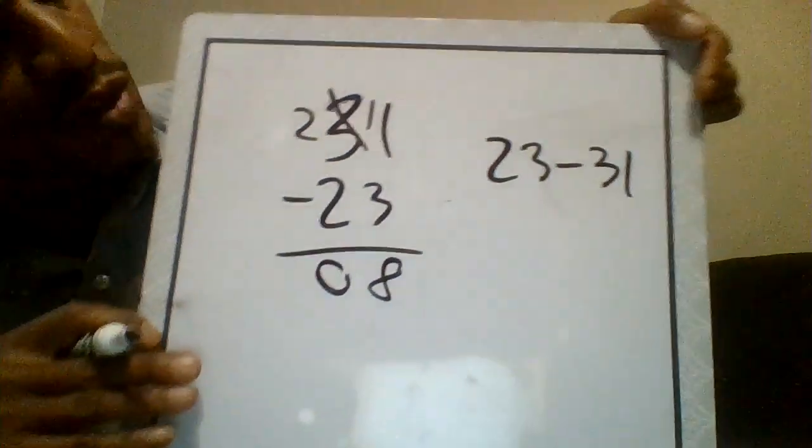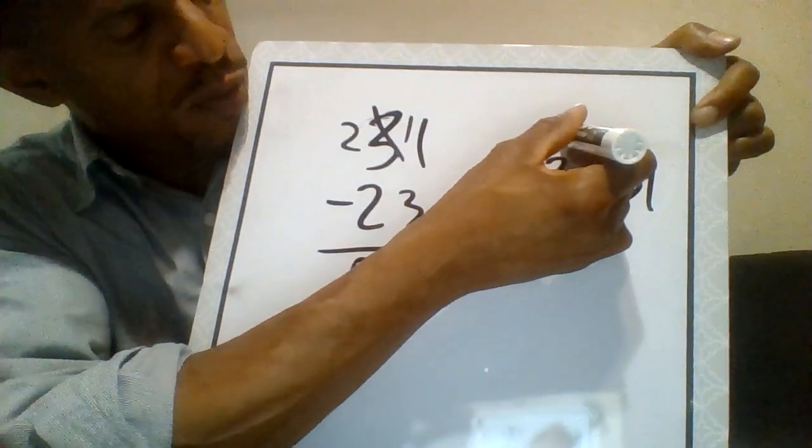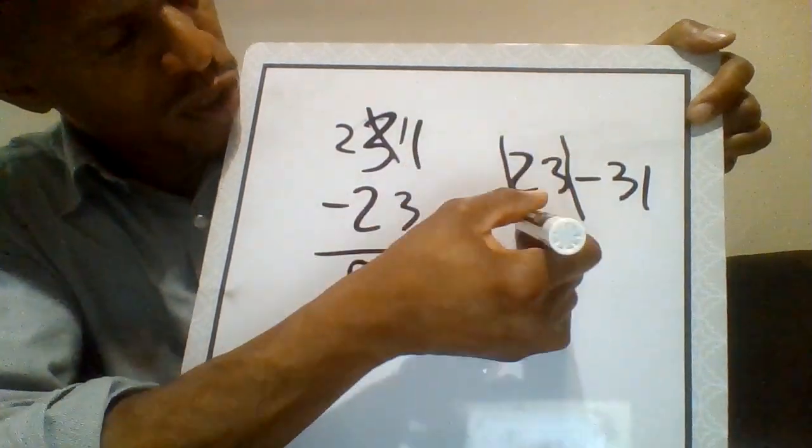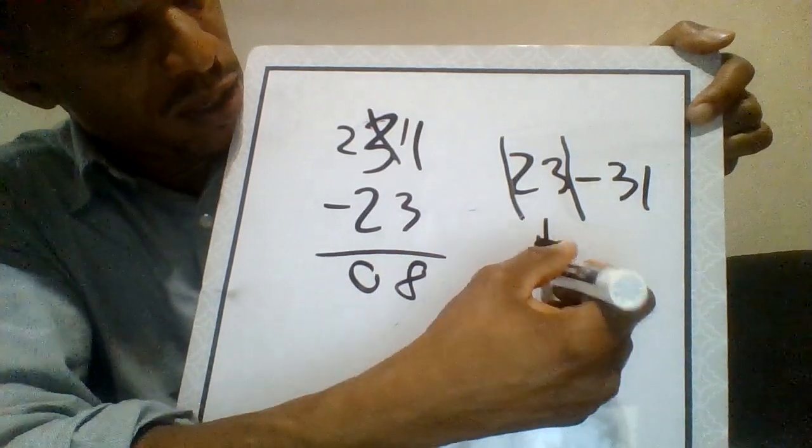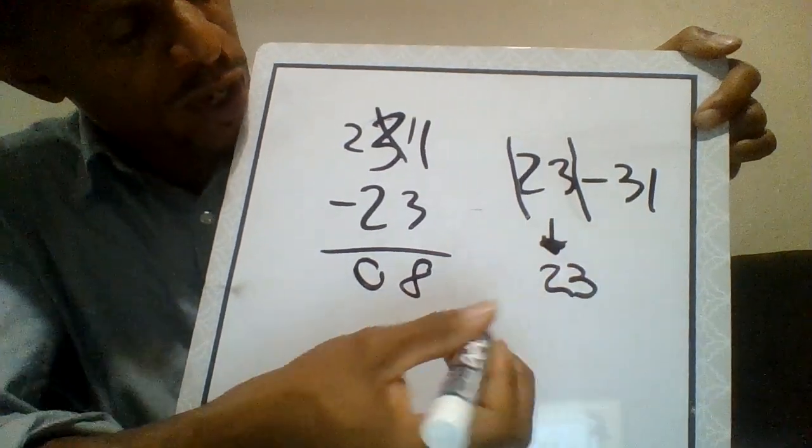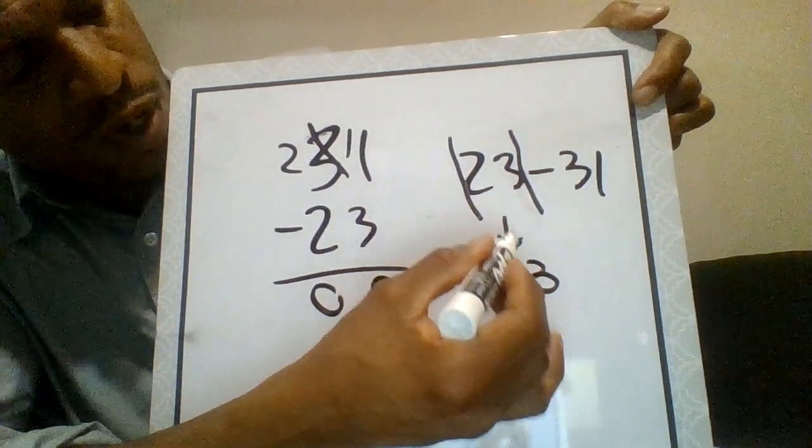So if we take a look, let me erase this. If we take a look at the two integer numbers we're working with, we have 23, the absolute value of 23. You got it, 23. Or the distance 23 is from 0, 23.